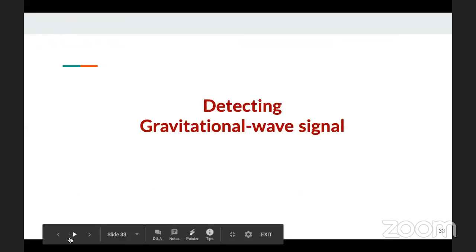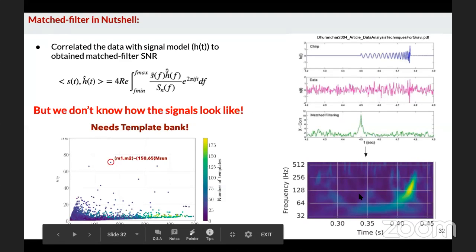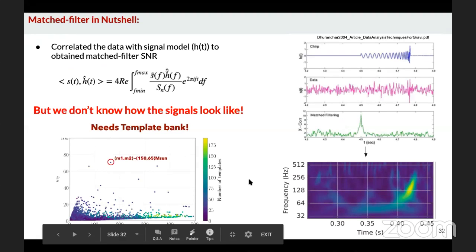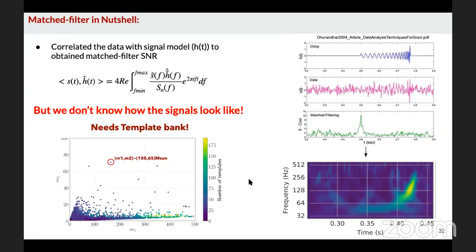My second question is: we have learned that using GW we can tell which source it is coming from, right? So how do we do that?